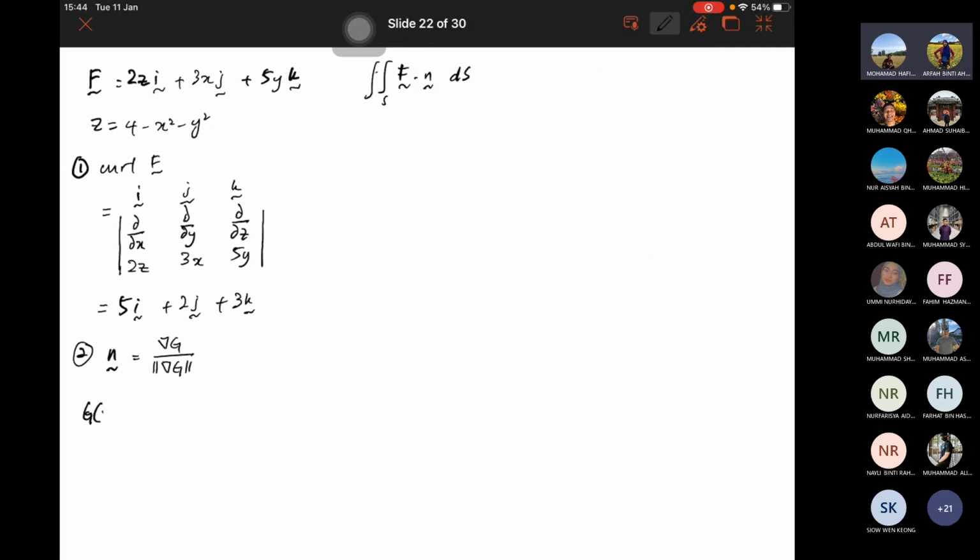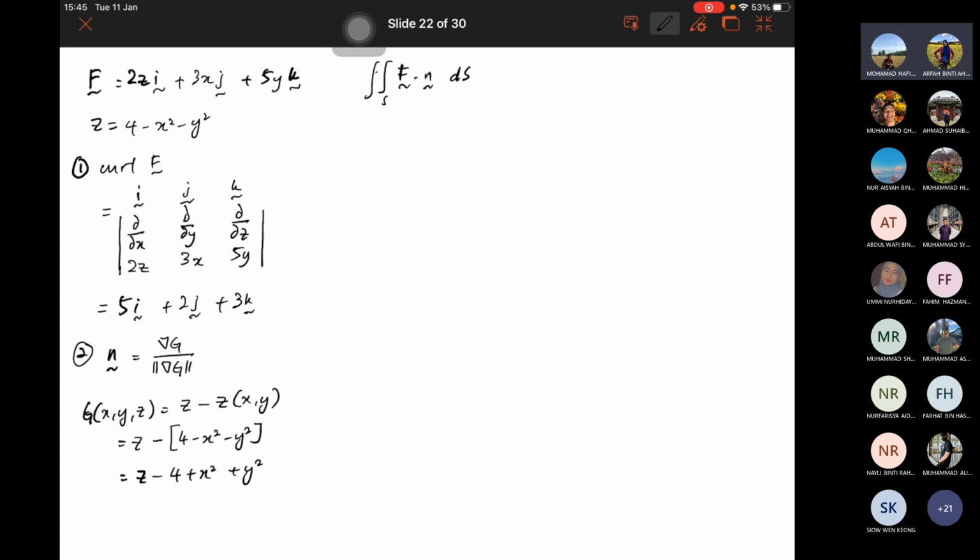So g x y z equal to z minus z x y, so equal to z minus 4 minus x squared minus y squared, z minus 4 plus x squared plus y squared. Okay. This is the g function.